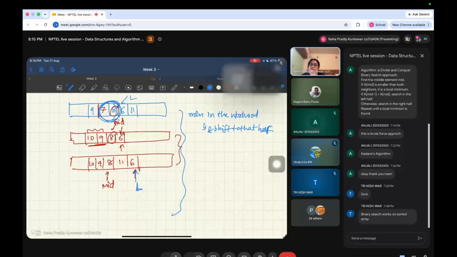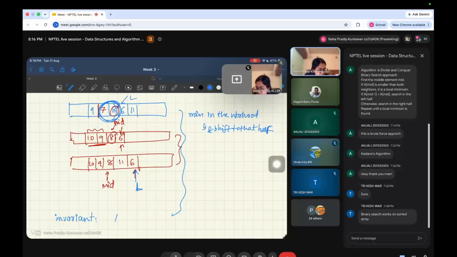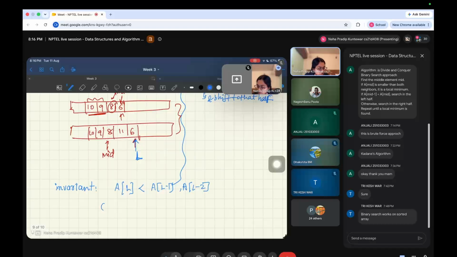So the invariant we are maintaining is that a of L is lesser than a of L minus 1 and a of L minus 2, and a of R is larger than a of R plus 1 and a of R plus 2.